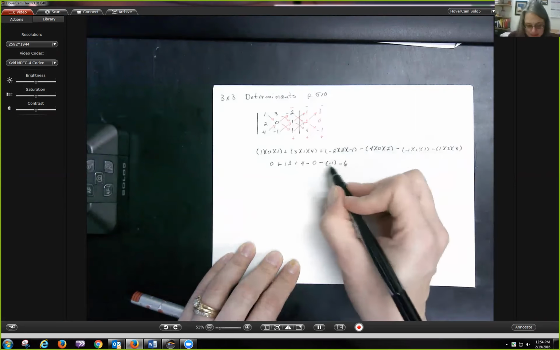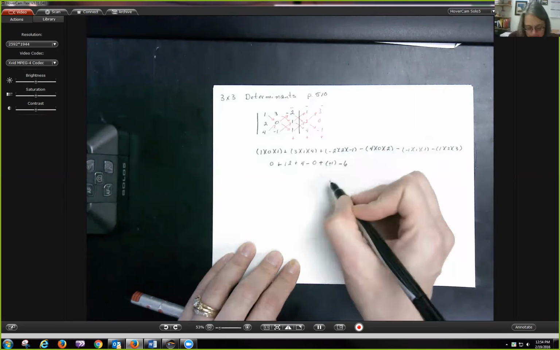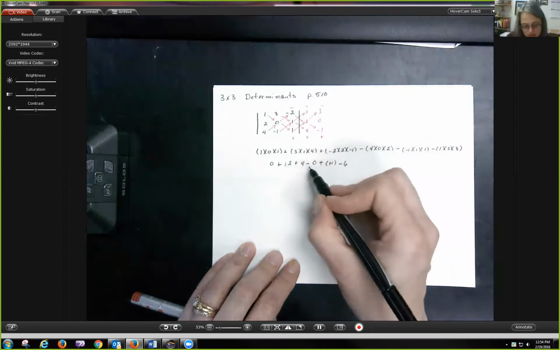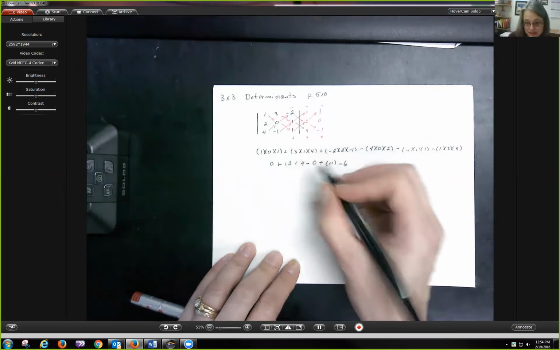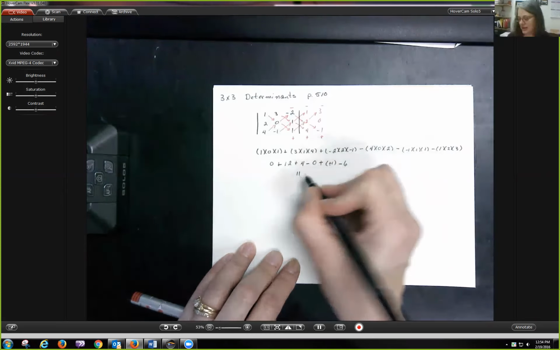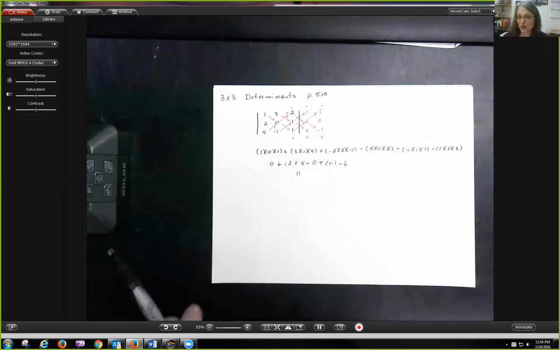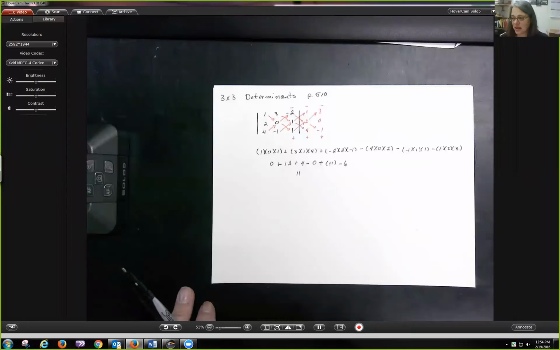So minus a -1 is like plus a +1. So that's 12 plus 4 is 16, plus 1 is 17, minus 6 is 11. Okay? All right. So practice that and make sure it's comfortable for you.